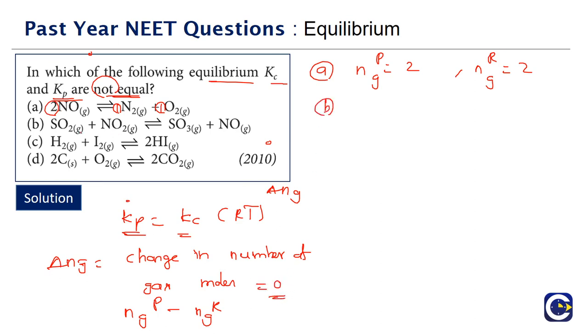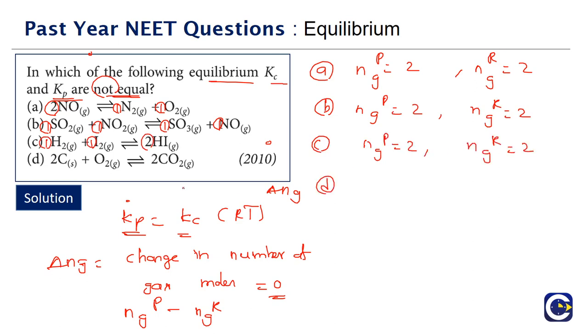If you look at option B, reactant side 1 plus 1, 2, product side also 1 plus 1, 2. Look at option C, 1 plus 1, 2, so the product side is 2 and the reactant side is also 2.